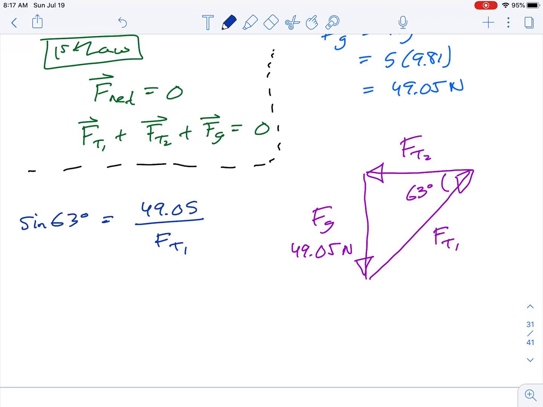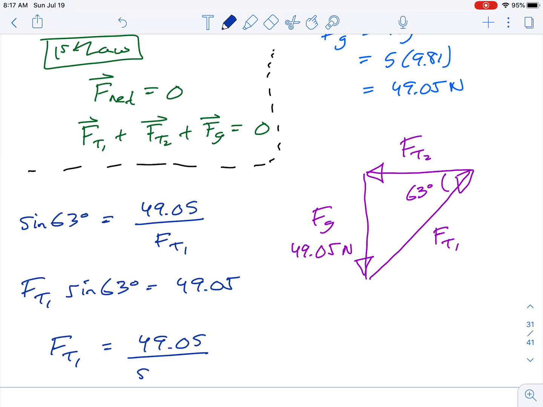Now if we cross multiply, and then we just get Ft1 by itself, you get 49.05 divided by the sine of 63 degrees. We know that Ft1 is a hypotenuse, so that should come out to be the longest side. So it better be bigger than 49.05. This one comes out to be 55 newtons.